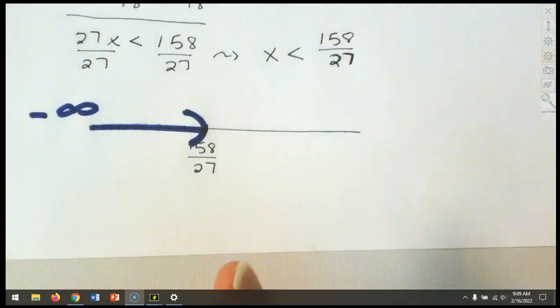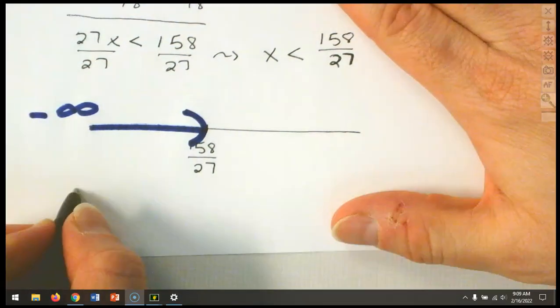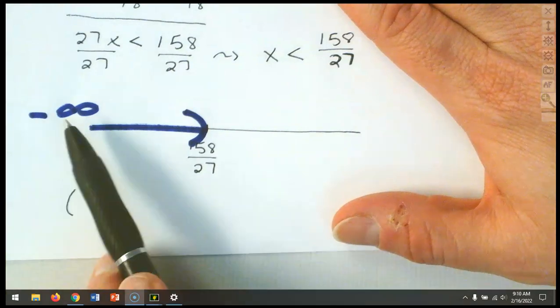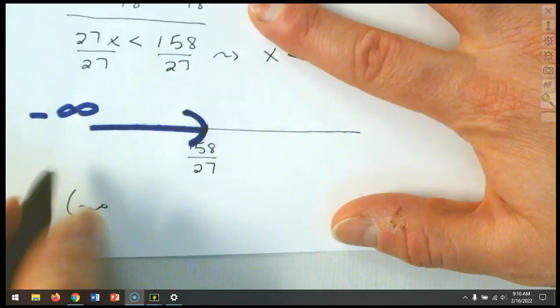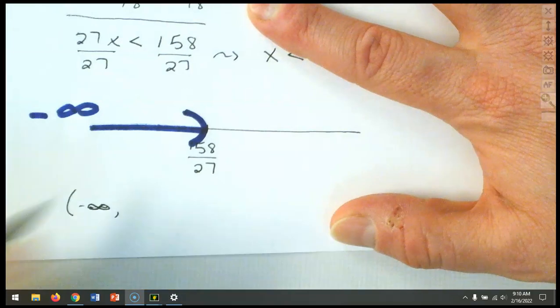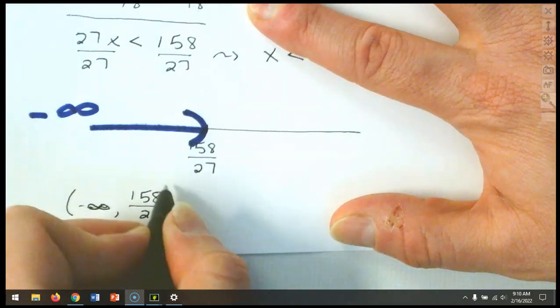So how do we express our final answer? In interval notation. Read it from left to right, just like you're reading a textbook. Negative infinity with parentheses. And where does it go to? 158 over 27.